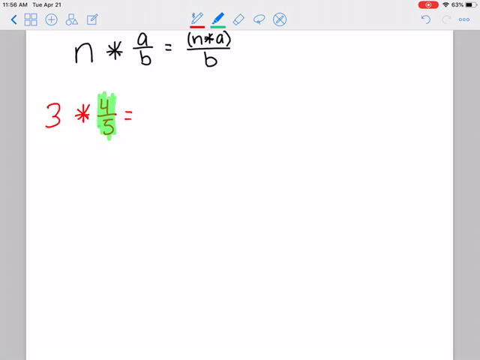So we want to make this into a unit fraction. So what we would do is this would become what times 1, the unit fraction is 1/5. What times 1/5 would give us 4 fifths? Well, 4 times 1/5 would give us 4 fifths.